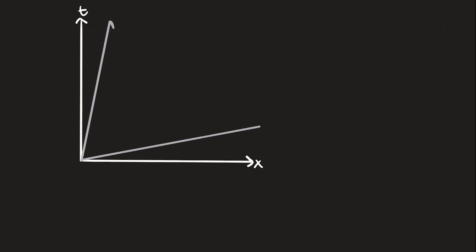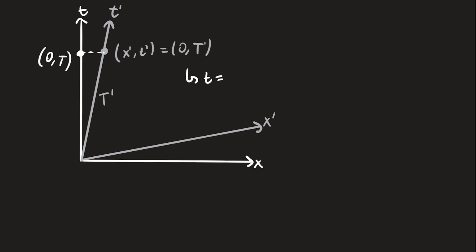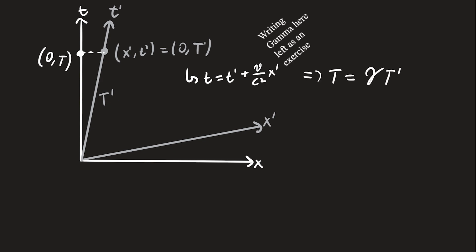Time dilation. Sorry to do this, but for the purposes of time, I'm going to leave it as an exercise for you to get the relation between t and t prime. We can use a similar transformation to do it, and we get that t again is equal to gamma t prime. So once again, t prime is smaller than t. What does this mean?